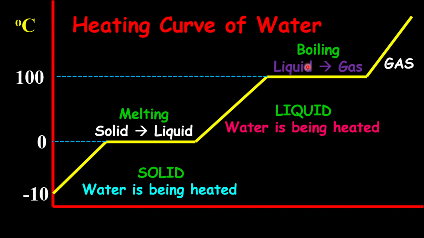For boiling, liquid is turned to gas. There's no change in temperature, hence there's no change in the kinetic energy. All right, and once gas is being heated, there's a change in temperature, hence there is a change in kinetic energy, which means the gas molecules will move much faster.